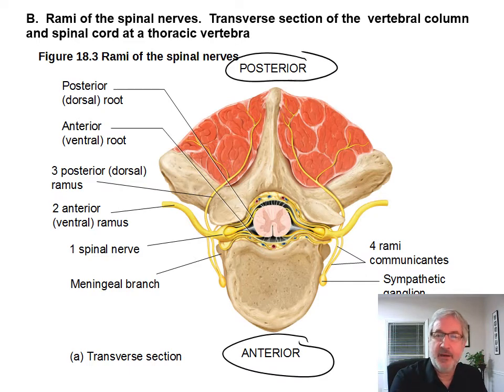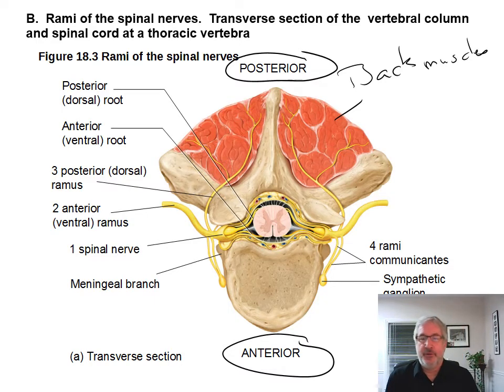So this is your back, and those are your back muscles there. There's a little bit of muscle between the spinous process and transverse processes of the vertebrae. And you see these yellow are all the nerves. So you have some nerves, these yellow branches back here.